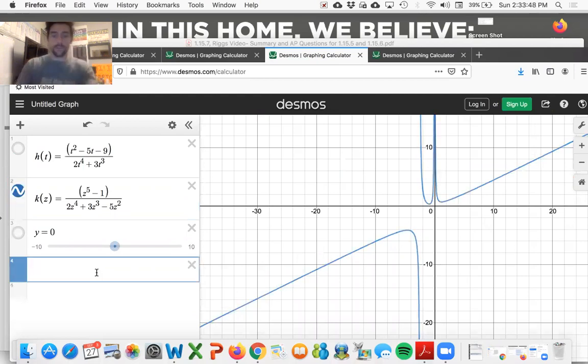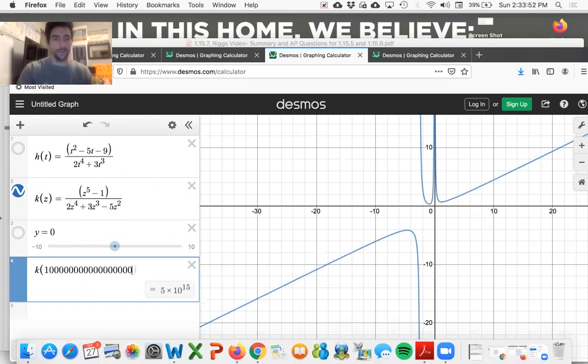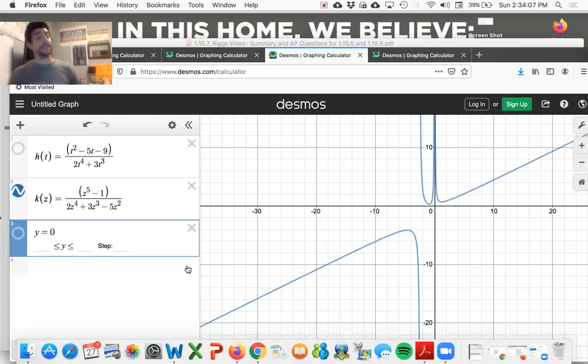We could check that real quick by typing in a bunch of numbers, and it gets to a really huge number in a hurry. So as I approach positive infinity, it approaches positive infinity for y values. If I type in big negative numbers, it takes off to a huge negative number, so eventually it'll reach positive or negative infinity.